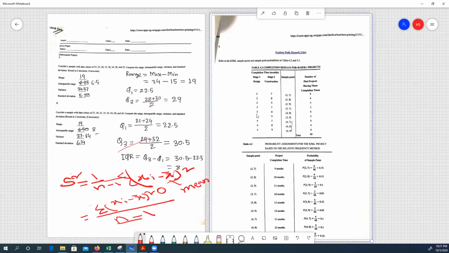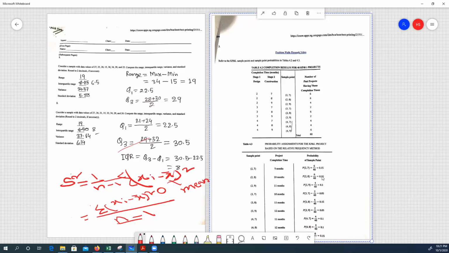So now based on this information, we can calculate the probability, and the probability is also given here. For the first sample point, the number of projects is 6 and the total is 40. So 6 over 40, that means 0.15. That means 15% of projects required 9 months to complete, okay?